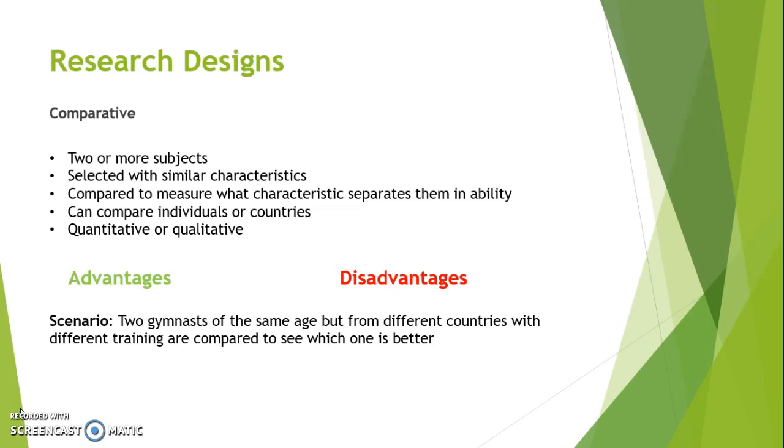So one may be taken from England's setup within gymnastics, and one might be taken from America's set of gymnasts, and then these are put through whatever kind of design, whatever kind of research methods you choose, and then they are compared to see what characteristics separate them ability wise. These can compare individuals or countries, and these can be done quantitatively or qualitatively.